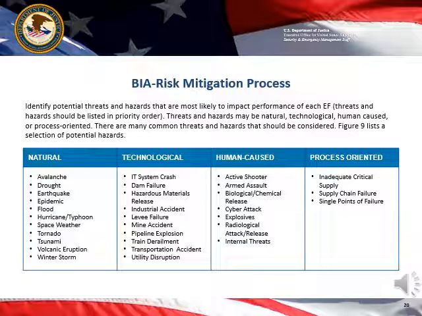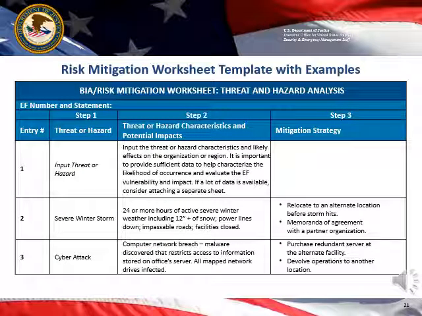Here is an example of the potential threats and hazards identified and analyzed during a business impact analysis. A more detailed list can be found in Annex D, Table D-1 of the Federal Continuity Directive 2. Here is an example of a risk mitigation worksheet.